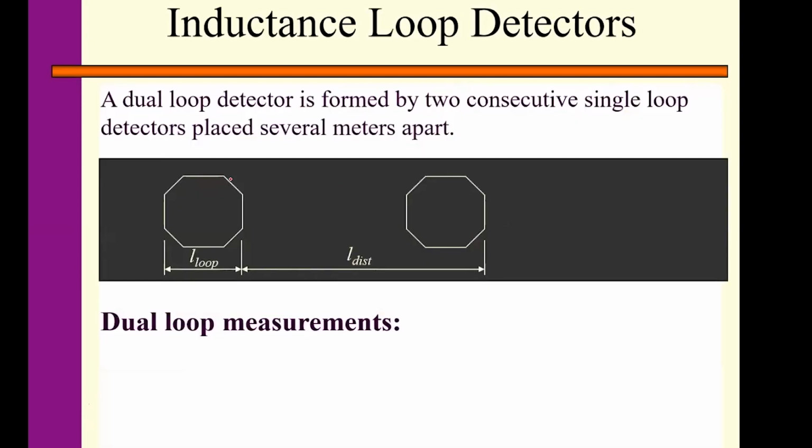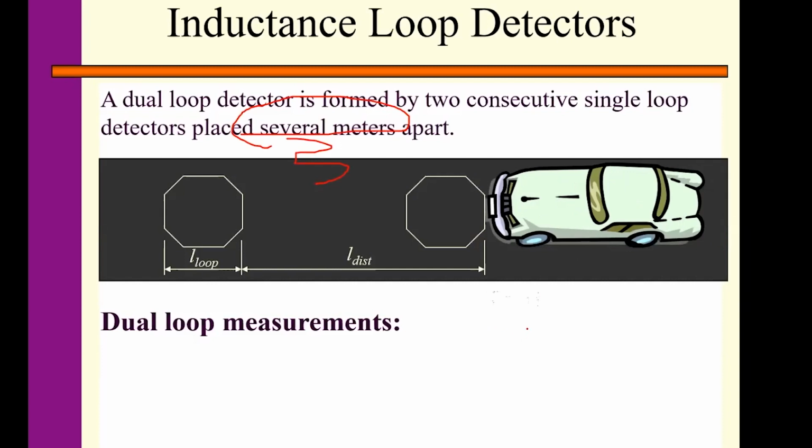In order to do so, we have to pair up 2 single loop sensors together to form a dual loop sensor. A dual loop detector is formed by 2 consecutive single loop sensors placed several meters apart. Normally this is about 10 feet, 3 meters apart. And a dual loop sensor can measure more.